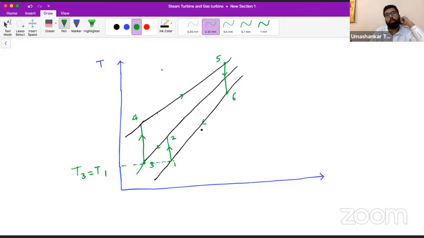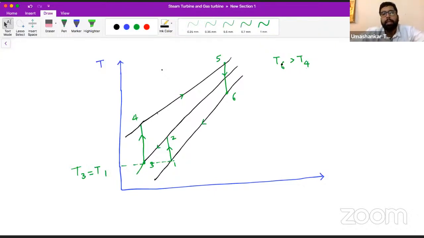So there is a scope of regeneration. If there is regeneration, the exit temperature of the turbine should be above the entry temperature to the combustion chamber. Otherwise regeneration will not be effective. This is what we have seen.